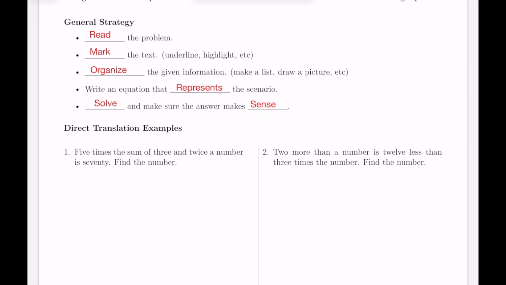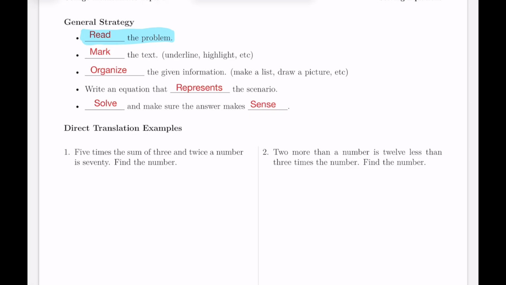I do want to take a minute and go back and re-emphasize this first one, though. Read the whole problem. The reason I say that is because sometimes whenever people don't really understand what the question is asking, they get so excited to just go through and start marking up the problem that they don't actually read what the question is asking.